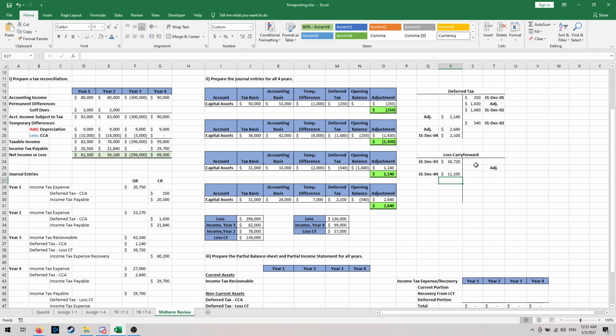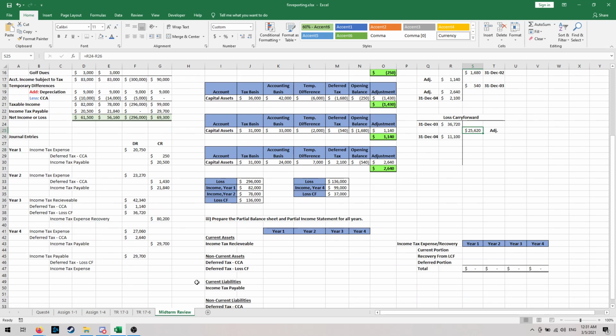So we need to make a credit entry here to adjust it downwards to the $11,100. So to figure out what we need to enter in our credits to adjust it downwards, we can just subtract our ending balance from our beginning balance here and see that we need $25,620 as an adjustment.